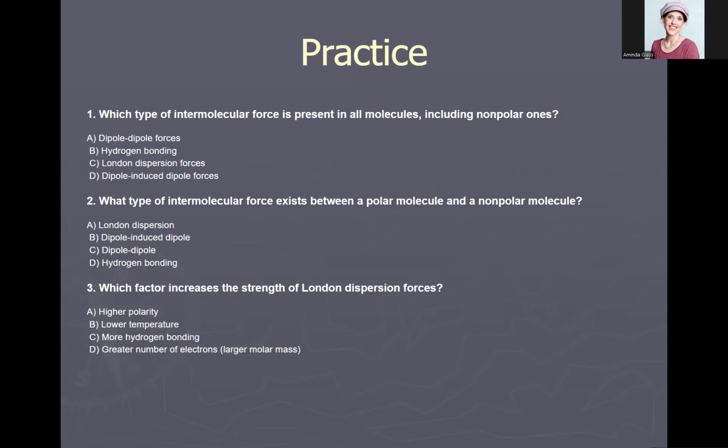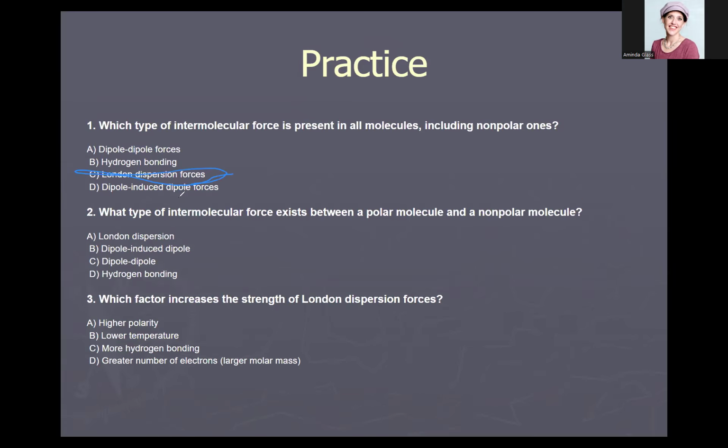So here we have which type of intermolecular force is present in all molecules, including nonpolar ones. We just went over that, and that was our London dispersion forces. Dipole-dipole forces, these are in your polar molecules.